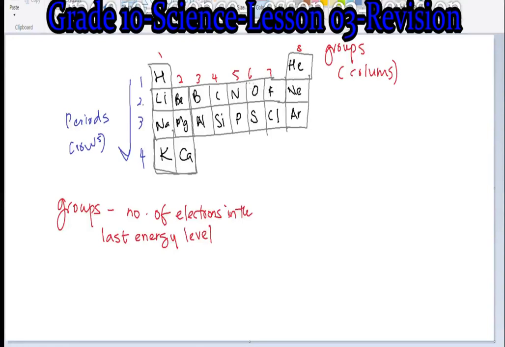Which means if you take any element in group 6, then all the elements in group 6 will have 6 electrons in the last energy level. This last energy level can be anything. It could be K, it could be L, it could be M, but 6 will be the electrons in the last energy level for group 6 elements. So that is what you call group 6, or any group.